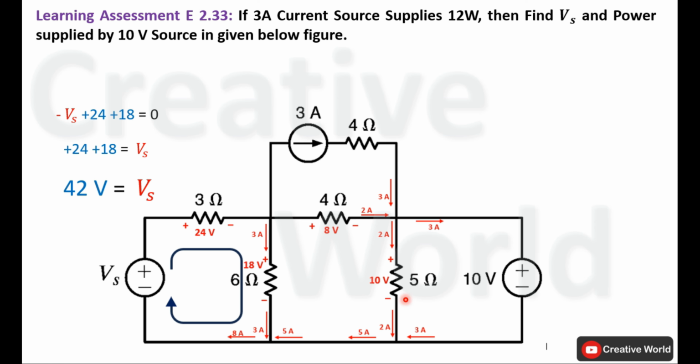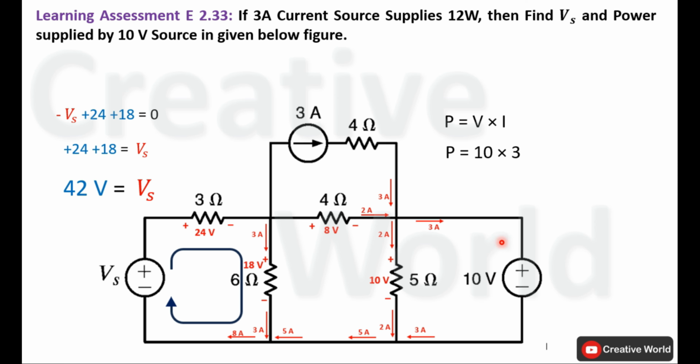Now we will move towards 10 volt source. In order to calculate its power, we should have two parameters. One is voltage, other one is current. Voltage as well as current of this source is calculated, so we can find its power. Using power basic formula, P equal to V multiplied by I. Voltage is 10 volt and current is 3 ampere.